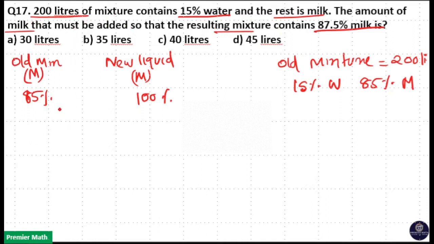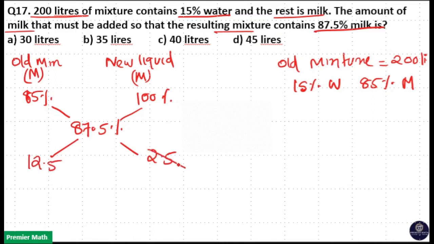Then after adding milk to the milk solution, the resulting mixture will contain 87.5% milk. When you use alligation, 87.5 minus 85 is equal to 2.5 and 100 minus 87.5 is equal to 12.5.